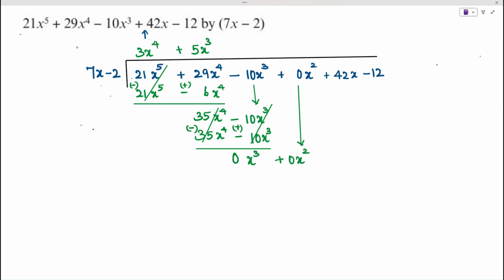And as we all know, if we add 0x cubed here to our 0x squared, to our quotient, 7x times 0x squared gives us 0x cubed, and minus 2 times 0x squared gives us 0x squared. And so here, once again, we have 0x squared.